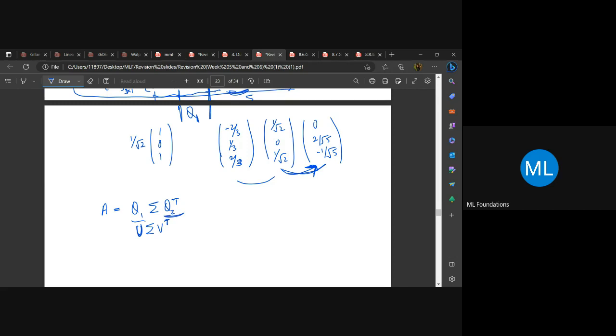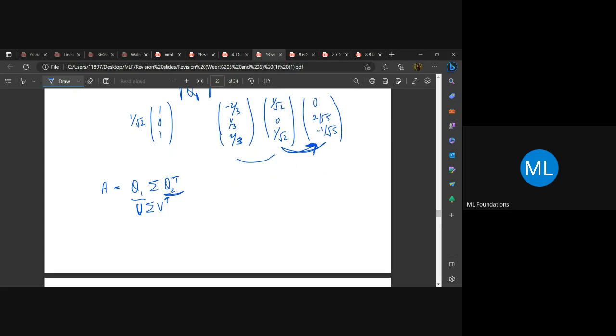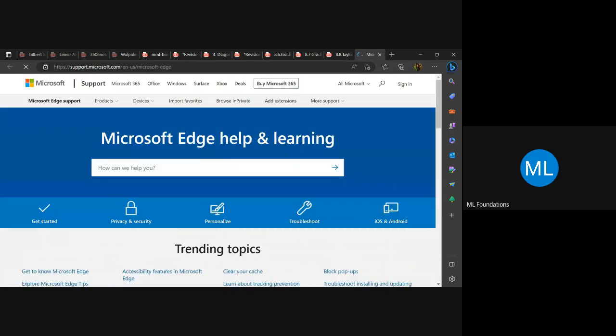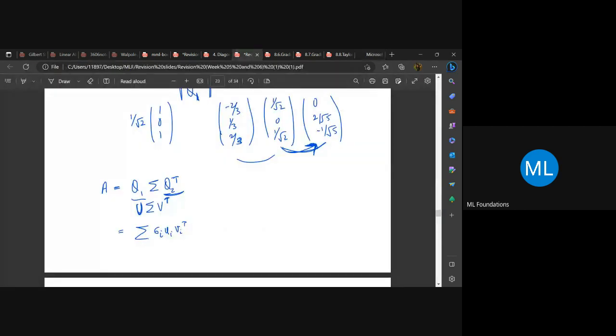I'm just writing Q1 and Q2 as U and V. Now, this can also be written as the sum over i of sigma i ui vi transpose. So this is also how you can write this A.